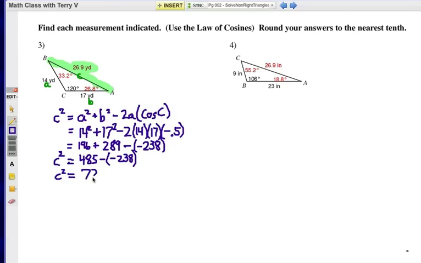So that'll be 723. C squared is 723. We want to take the square root of both sides and get our C answer, which is about 26.9. Remember, we were rounding to the nearest tenth. Okay, so there we go. There's our first answer.